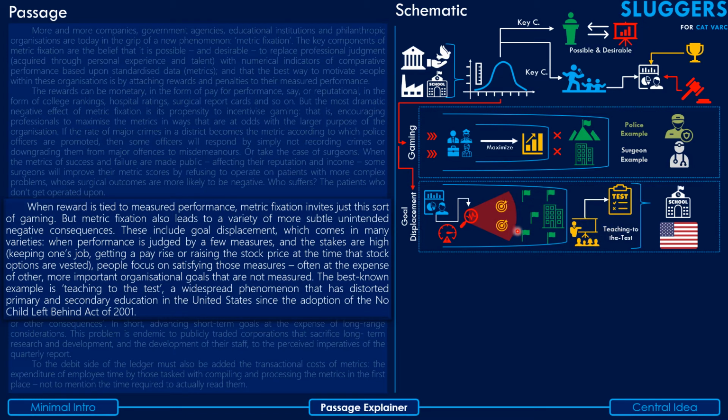So they are missing out on the goal of actually providing quality education to the students, and they are just focusing on the otherwise minor goal of helping them pass the test, and hence the goal displacement idea, right? That's what the third paragraph is about. Okay, so let's go to the next para now.